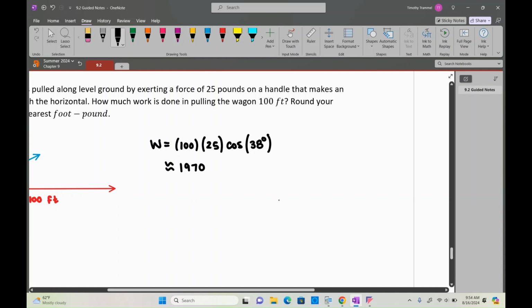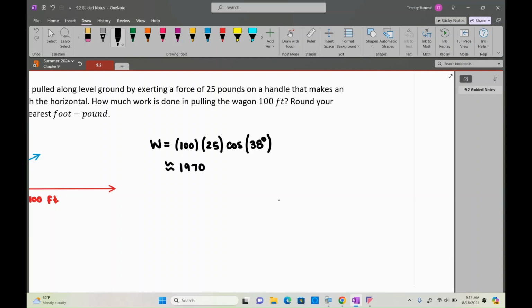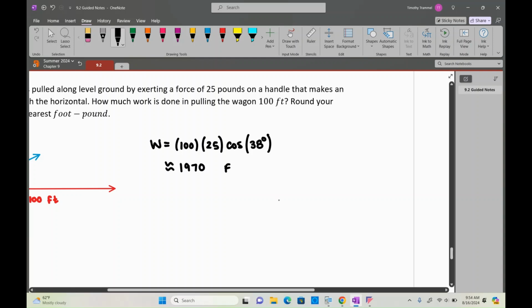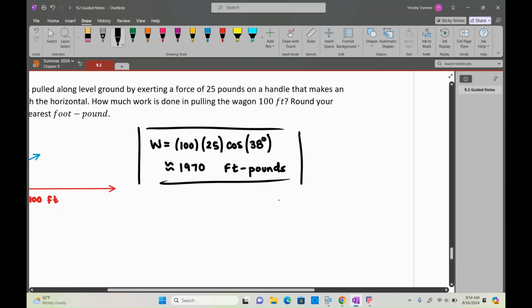And we can write down our units here. These are in foot pounds. And so this wraps up the dot product.